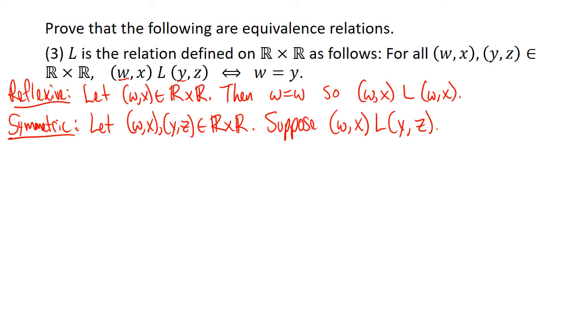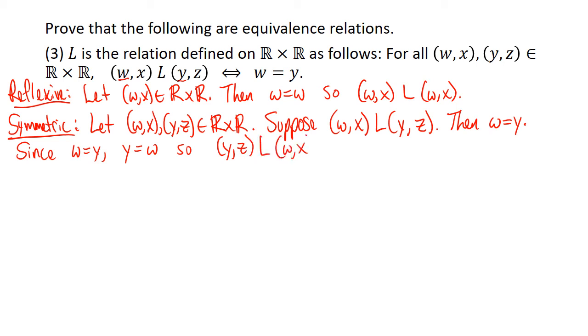Now I want to try to show it in the other order, so that (y, z) is related to (w, x). So what do I get from this supposition? This tells me that w must equal y. Well, since w equals y, y also equals w, so I can just do these in the other order. So I can put the (y, z) here, and then put the (w, x) on the other side. Okay, so that was pretty easy.